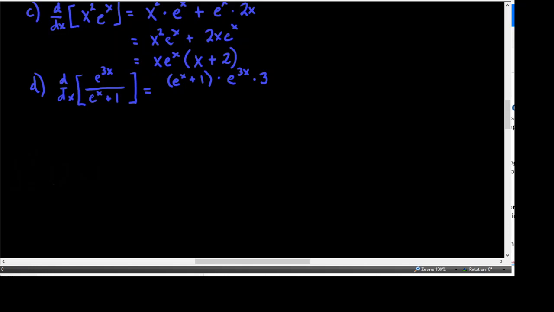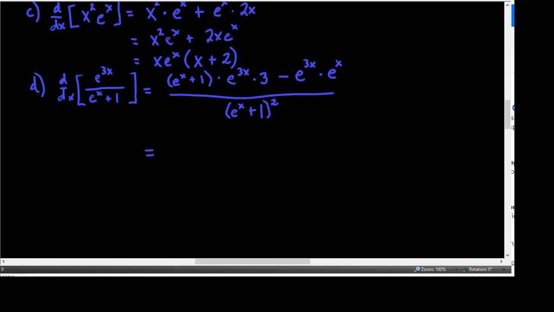So that's low d high minus high, e to the 3x, d low, and the derivative of e to the x plus 1 is simply e to the x, because e to the x is the coolest function ever. Almost sounded like a Valley Girl there. Maybe that's too old of a reference for you guys. Anyway, low d high minus high d low all over the square of low.